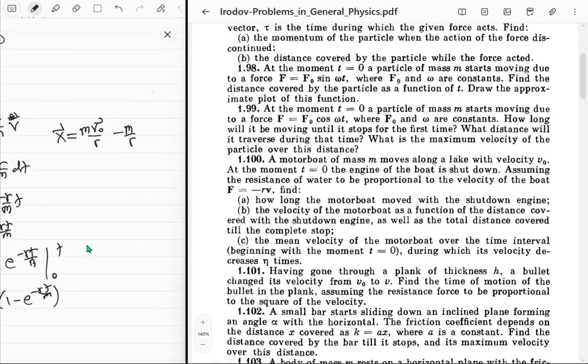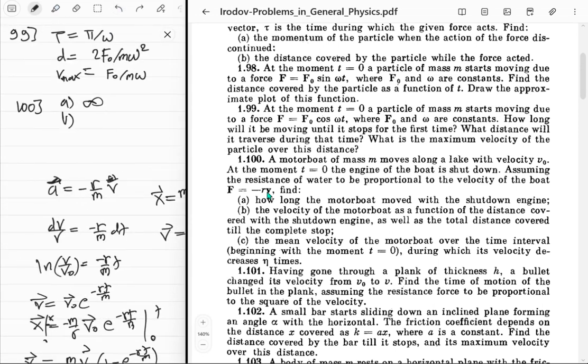So that's just v vector. Multiply by r upon m. So v vector is equal to v naught vector minus r upon m, this constant, times x vector. This is the other equation that we need.